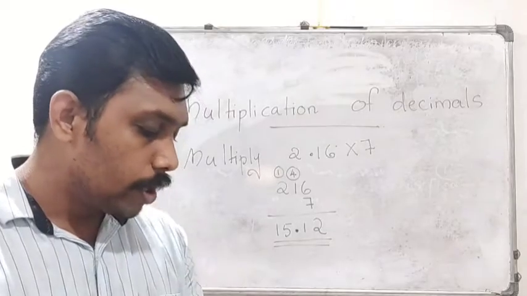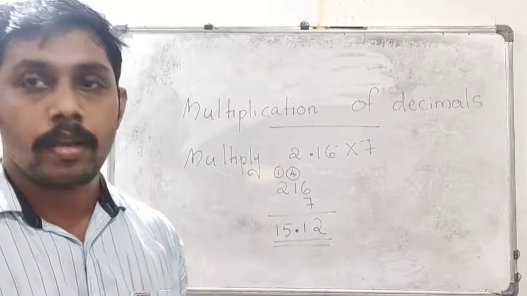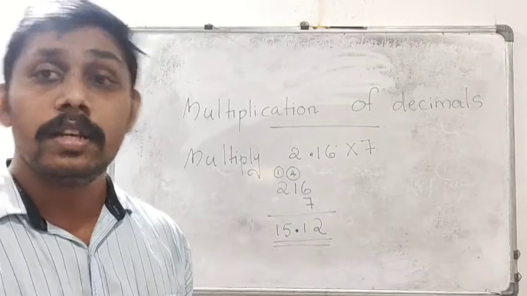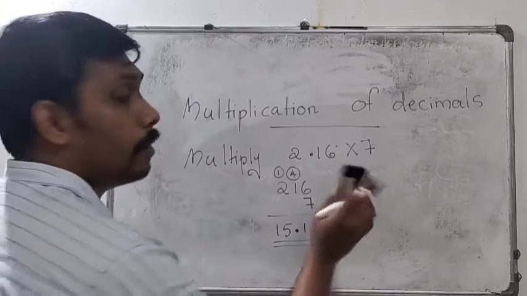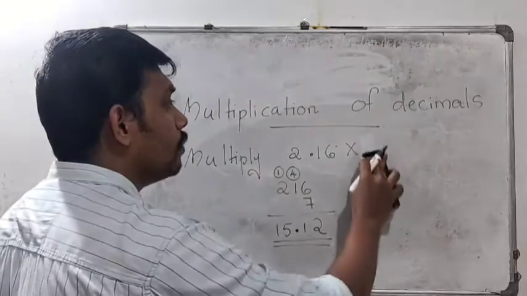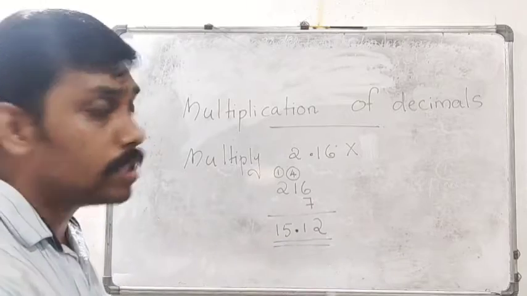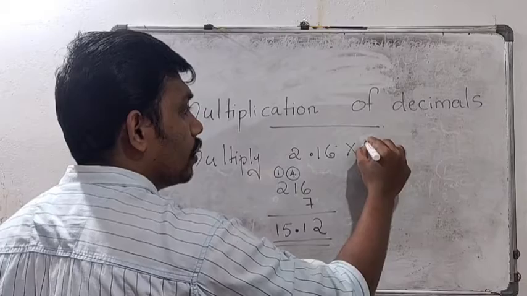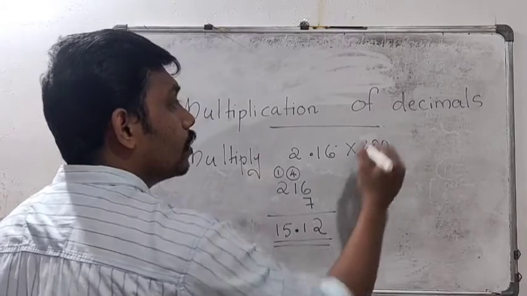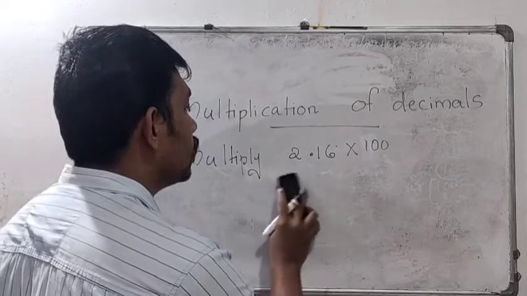Now we are going to multiply a decimal with a decimal number. But before that, let's see what happens if we multiply a decimal with 10, 100 or 1000. Here I am going to multiply with 100. This is very simple, my dear students.